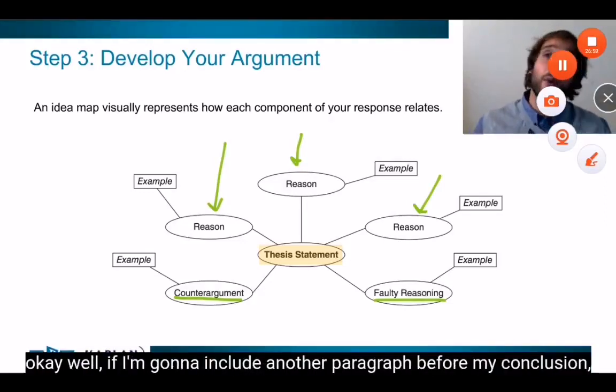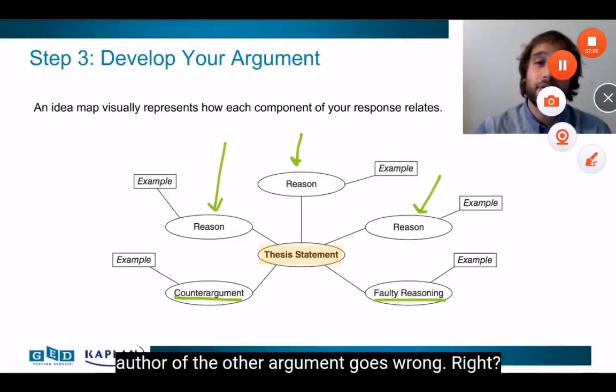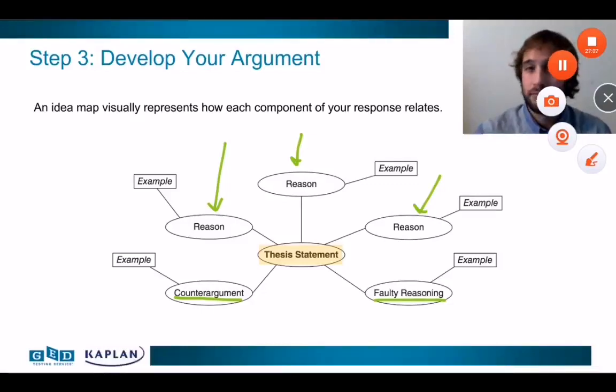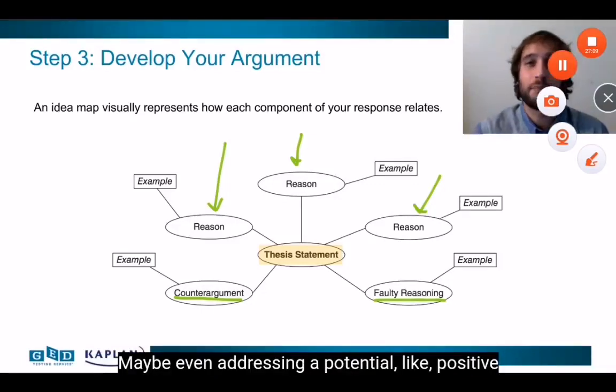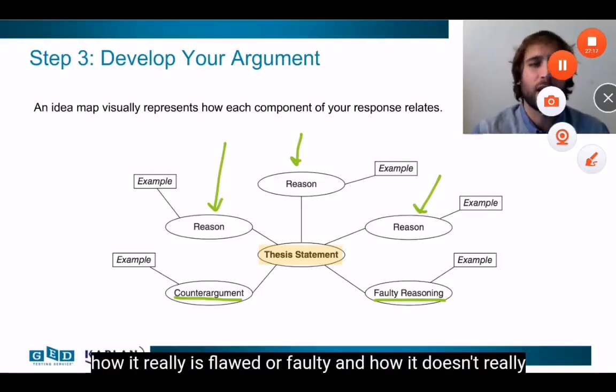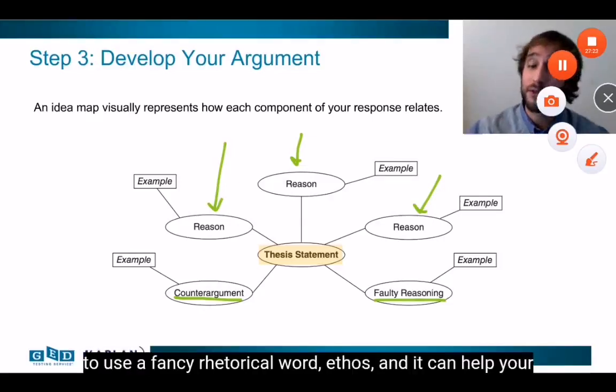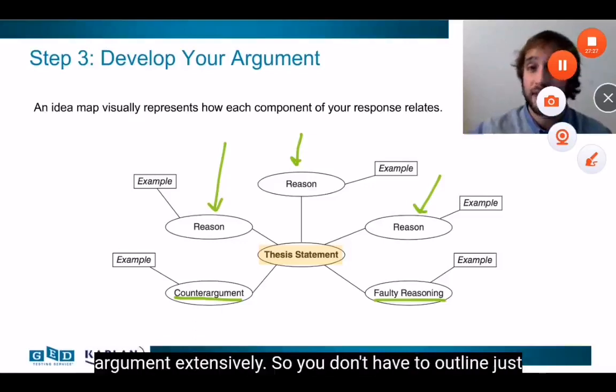And then I think, okay, well, if I'm going to include another paragraph before my conclusion, it's going to be detailing where the author of the other argument goes wrong, right? Maybe even addressing a potential positive aspect of the argument you didn't choose, but then showing how it really is flawed or faulty and how it doesn't really help that other side, okay? That can help establish credibility, to use a fancy rhetorical word, ethos, and it can help your argument extensively.